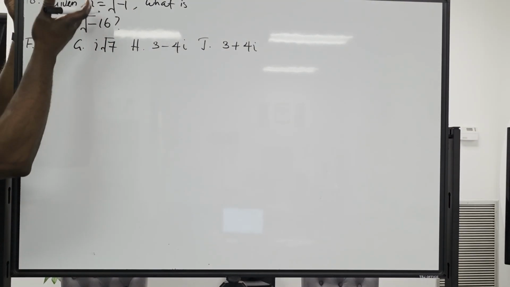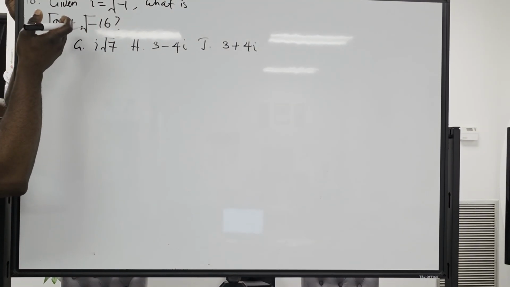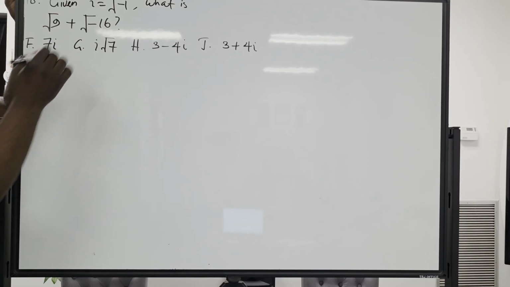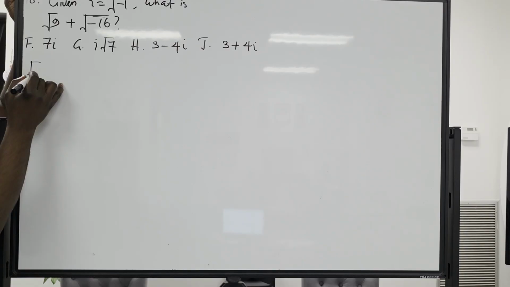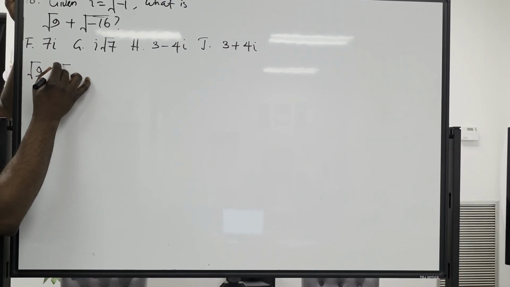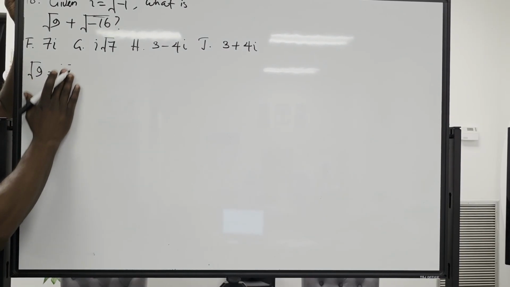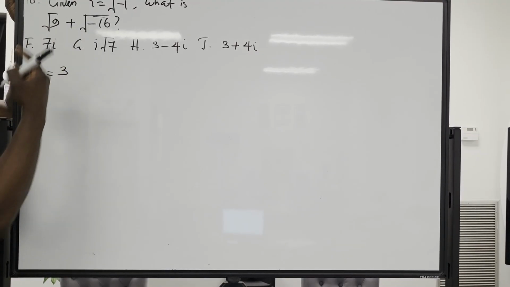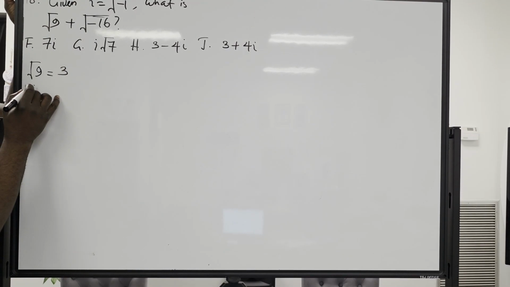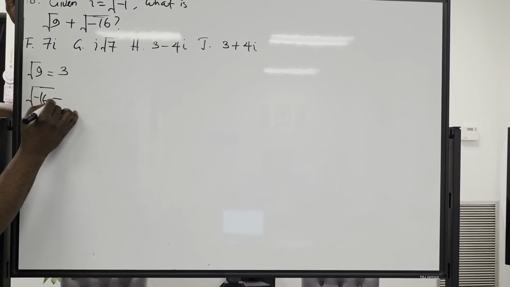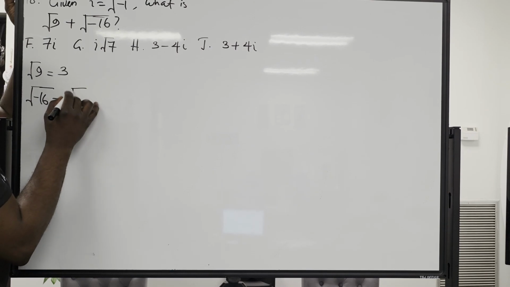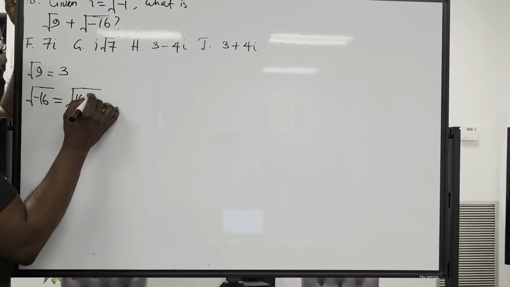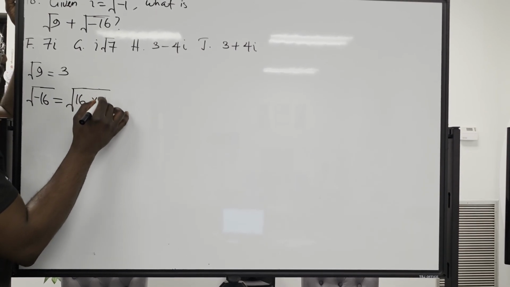So what is the square root of 9 plus the square root of minus 16? The square root of 9 is the same thing as 3, right? Then the square root of minus 16. Let's write that as the square root of 16 times minus 1.